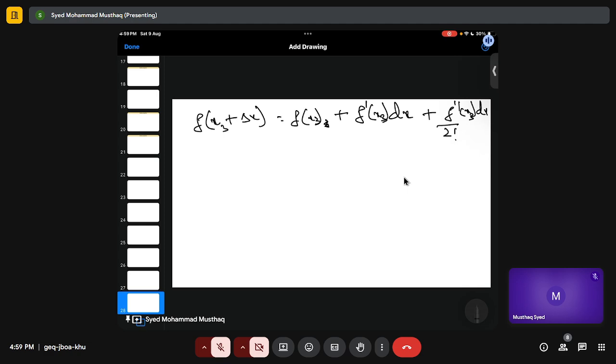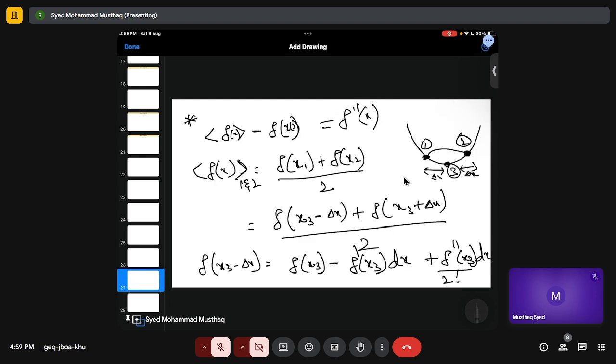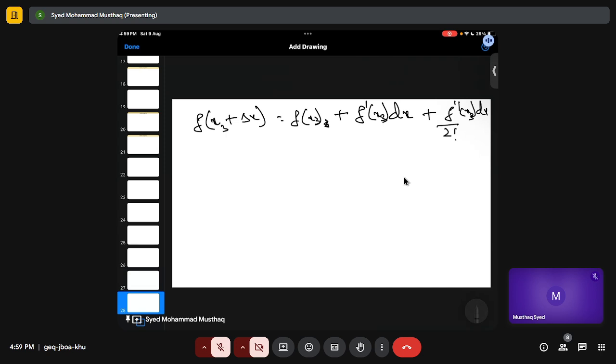Now when you add these things, only the odd derivatives have a negative sign here, and here they have positive, so odd derivatives will cancel out. Then f average at x3 will be taken as, there is a half, right, first half, so we will have f of x3, please remember f of x3, plus, I have 2 factorial, let's take only up to 2 factorial, let's not consider the other terms.